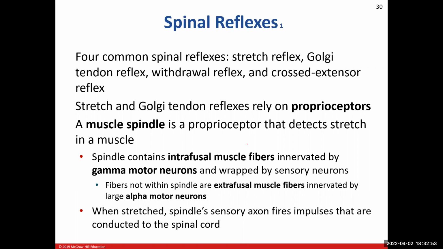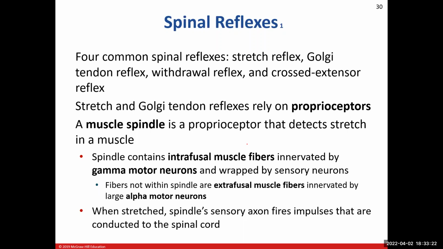So these muscle fibers are going to be triggered by a motor neuron, and then we're going to package up this little construct with sensory neurons. So think of the intrafusal muscle fibers and the gamma motor neuron as the present, and then our sensory neurons are going to be the gift wrapping.